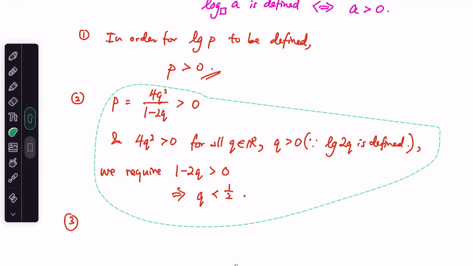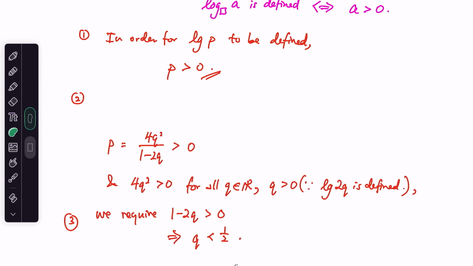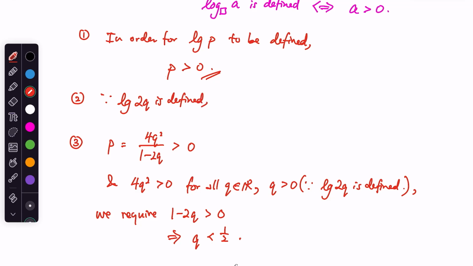Let's write this as step 3. Then step 2: since log 2q is defined, 2q must be positive, right? Which also means that q must be positive.